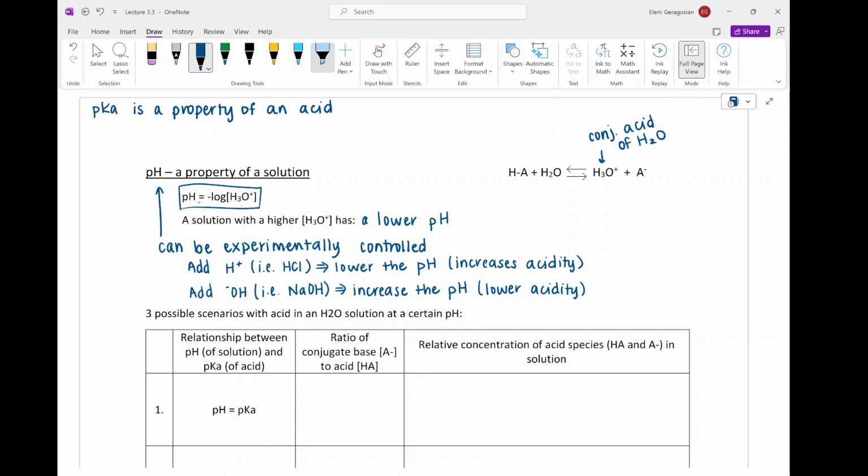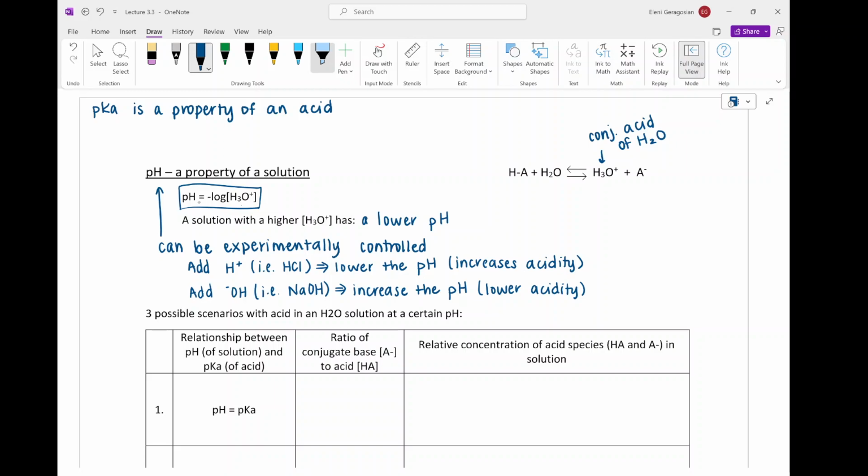Now, if we have a solution with a certain pH and then add acid to that solution, so we're adding another acid, the pH of a solution is already controlled, and then we're adding acid to that solution. We have 3 possible scenarios of the property of that solution or relative concentration of acid species in solution.